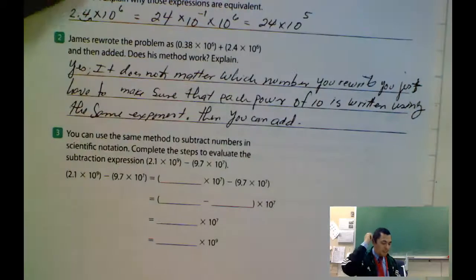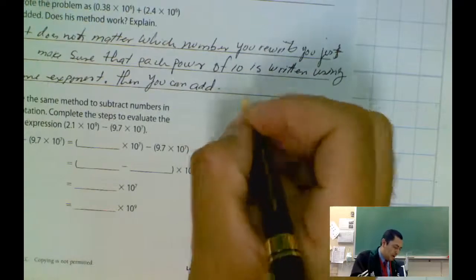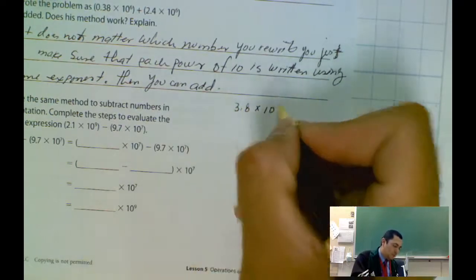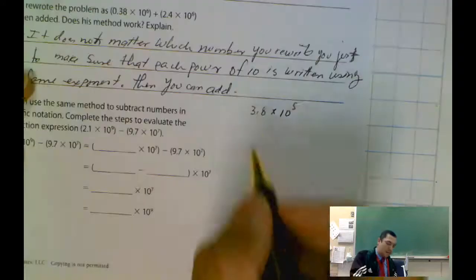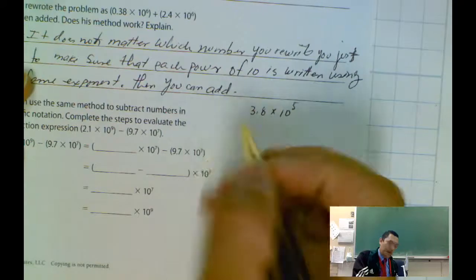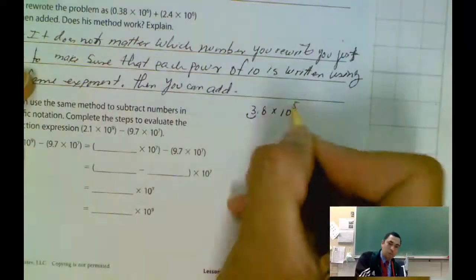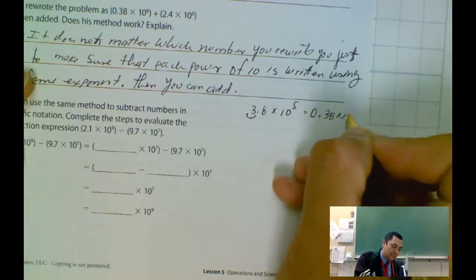Okay? So in this case, what he did, let me explain it here. So he had 3.8 times 10 to the 5th power. So instead of going to the left, he went to the right. So he moved this one here, and if you move it to the right, you add 1 to this exponent. So it's 0.38 times 10 to the 6th.